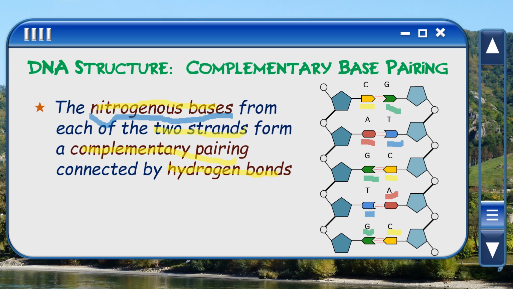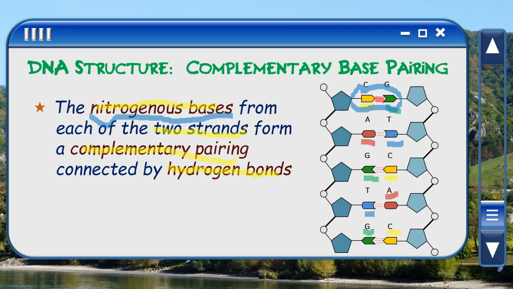They form a complementary pairing. So cytosine is going to pair up with guanine, and they do so using hydrogen bonds. If you look in the middle there, you are going to see the hydrogen bonds which are pairing.